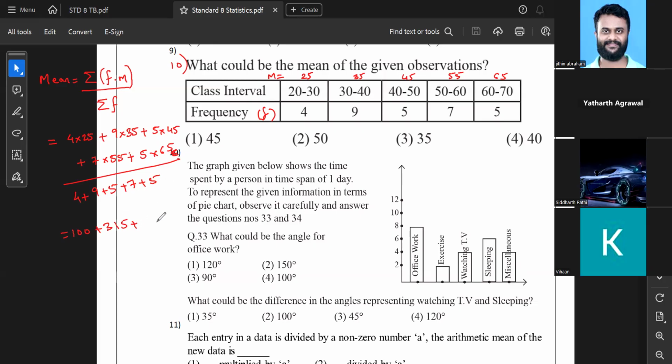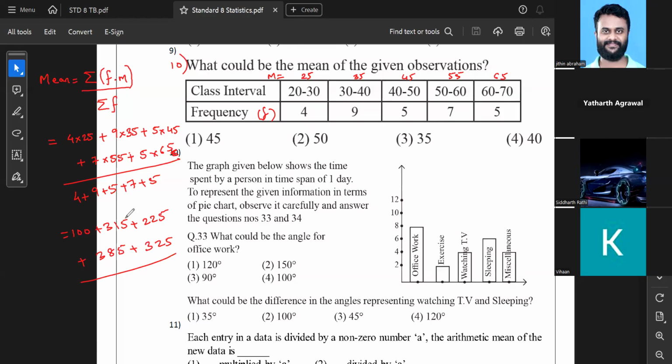Next is 5 multiplied by 45, that is 225. Then 7 multiplied by 55 is 385. The last one, 5 multiplied by 65, is 325. Divided by the sum of all the frequencies: 4 plus 9 plus 5 plus 7 plus 5, which comes out to be 30.